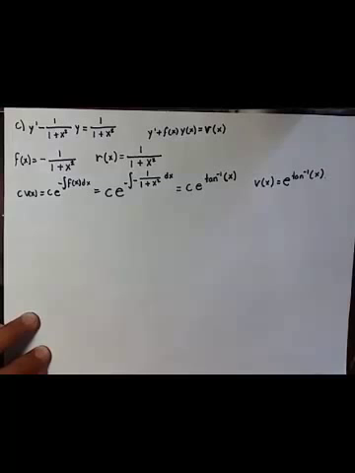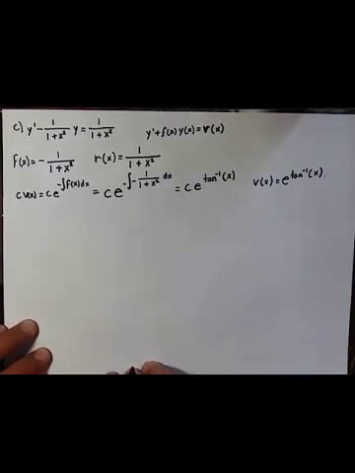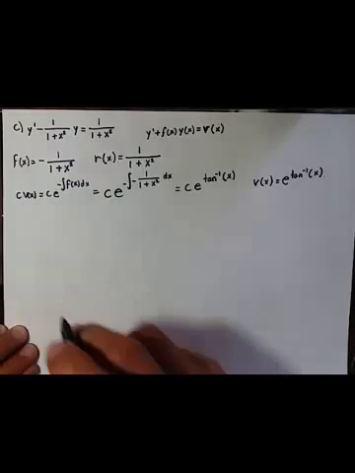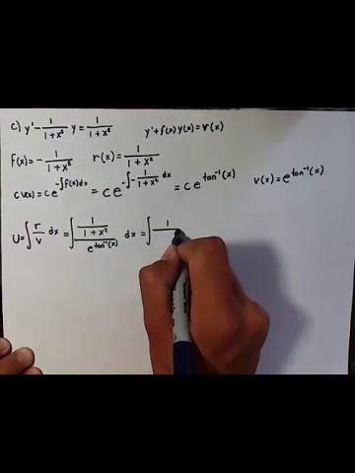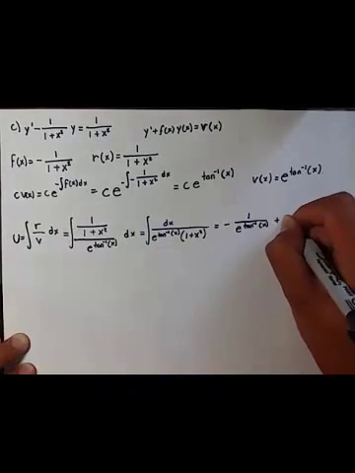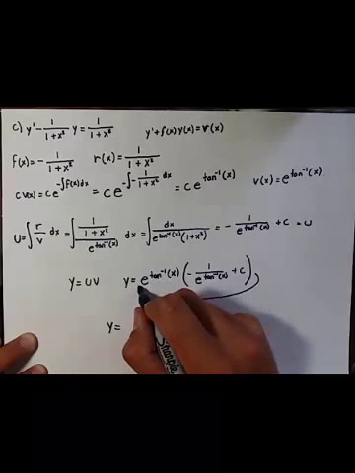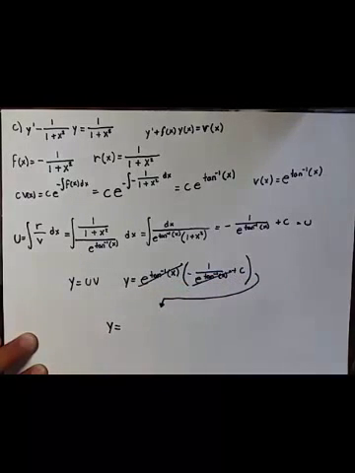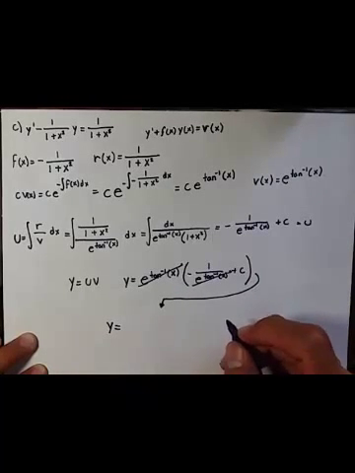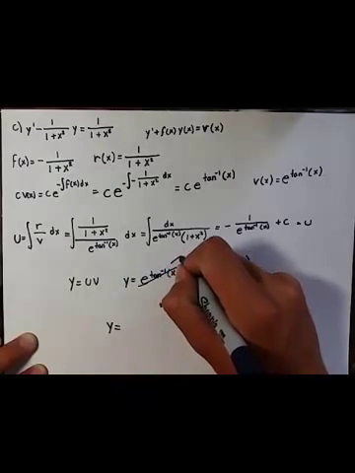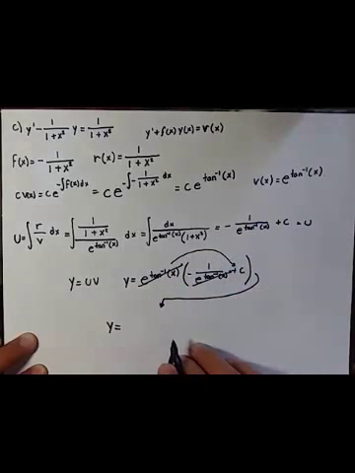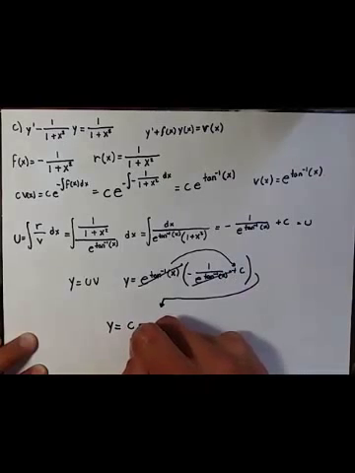And we already have what we need to get the u, that is the integration of r over v. That's more understandable. And then we can have y equals u times v. So we get the constant multiplied by e raised to the inverse tangent of x, minus 1. That's the solution of the last differential equation.